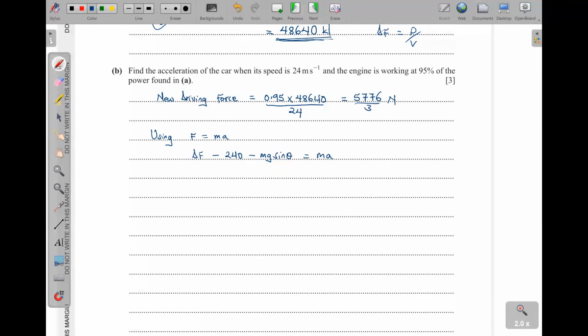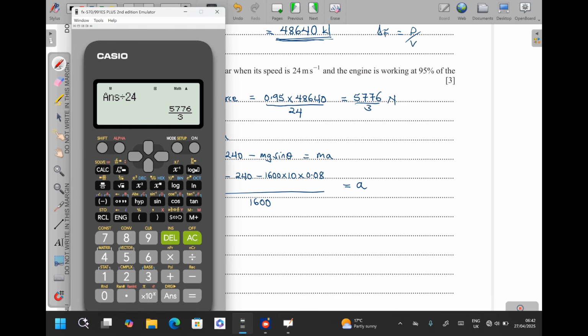Then from here, our driving force is 5776 over 3 minus the 240 minus the mass is 1600. The g is 10, sine is 0.08. Then I can divide everything by the mass, this particle, that is 1600, this one will give us the acceleration. Then I can put everything here.